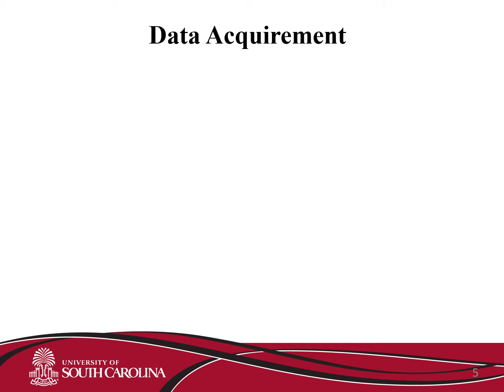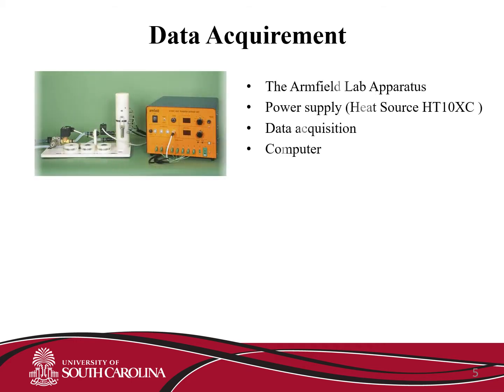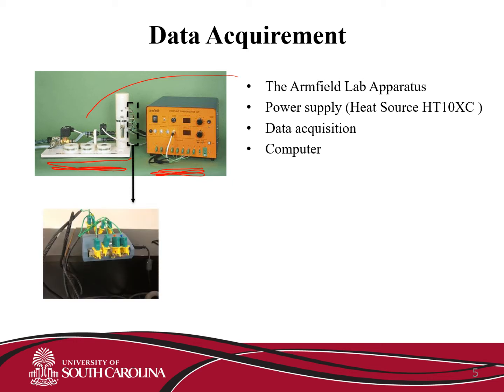For data acquisition to measure the thermal conductivity, we are using the Armfield lab apparatus. This is the Armfield apparatus with a power supply and heat source. This is the power supply. We apply power to the Armfield apparatus. The heat source is the HT10XC. After this are the thermocouples.